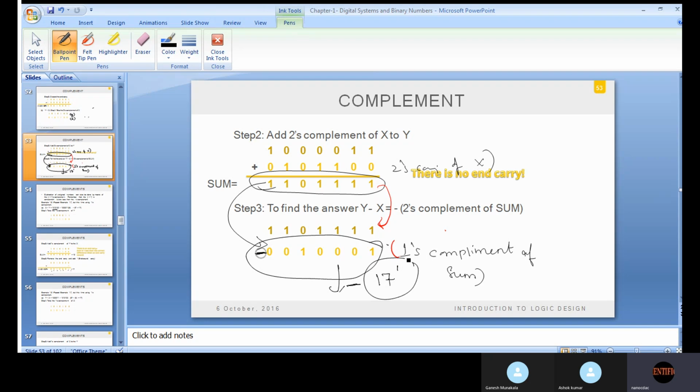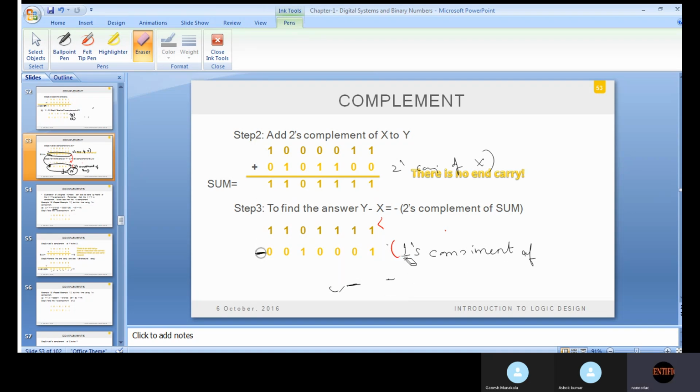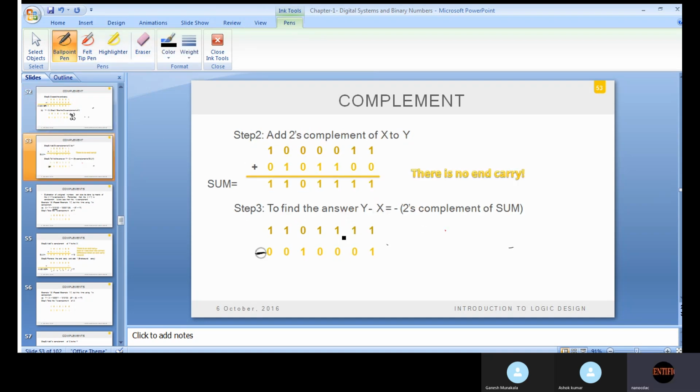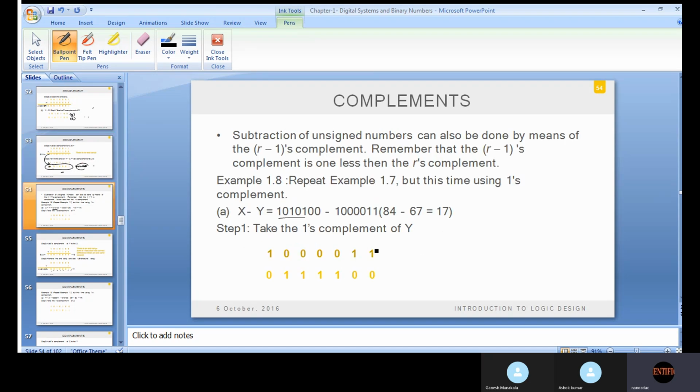Okay, minus 17 you got the answer, right? I am also seeing the slide. Simply y minus x after taking negative of the 2's complement is giving you the result. This sum ki, if you are taking the negative of the 2's complement, you are getting the result. Okay, for the result you need to add the sign. Okay, that is one method.